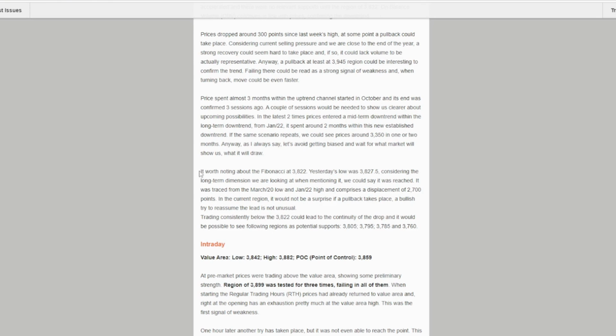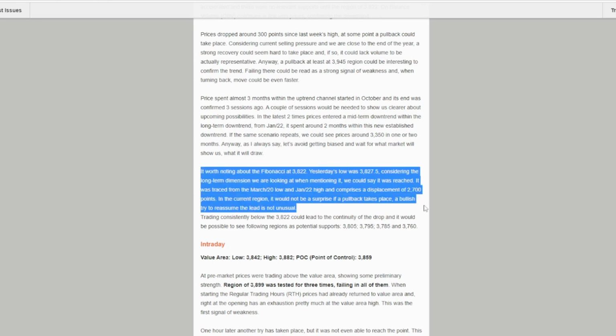If you see here, we've been mentioning the Fibonacci. Yesterday's low was 3827.5. Then we could actually consider it had been reached, but we kept note of 3822 since, considering all these characteristics of Fibonacci, it would not be a surprise if a pullback takes place there.